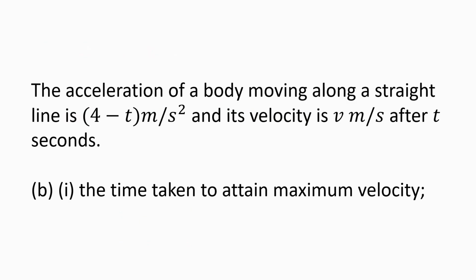Part B1, determine the time taken to attain maximum velocity. So to attain maximum velocity, the first thing to remember is our acceleration equation, and it was 4 minus t. Then at maximum velocity, the acceleration is 0.